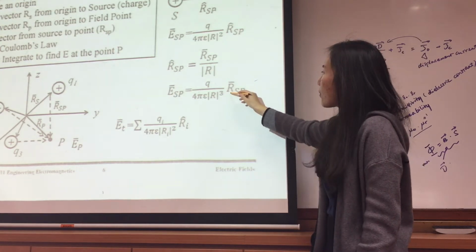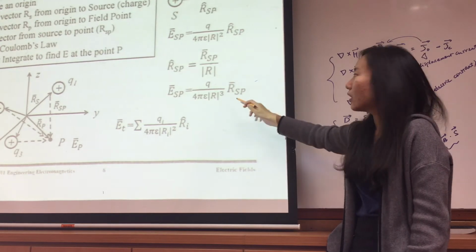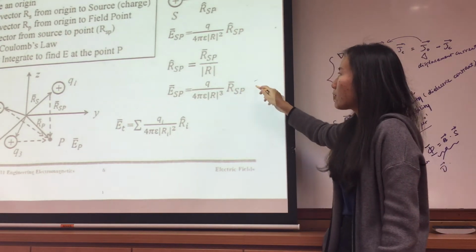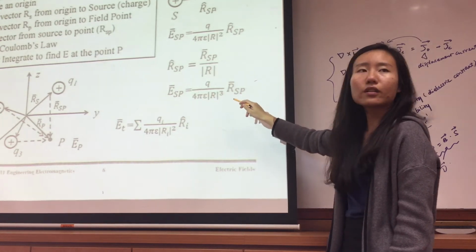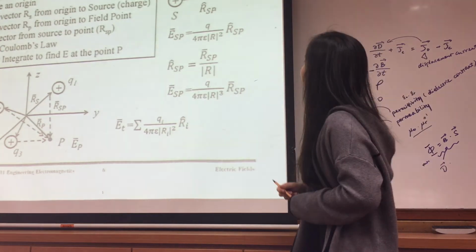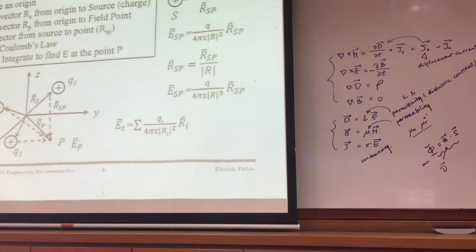So this one means a unit vector multiplied by R. When I write R hat, it just means a unit vector, just a direction, no amplitude.